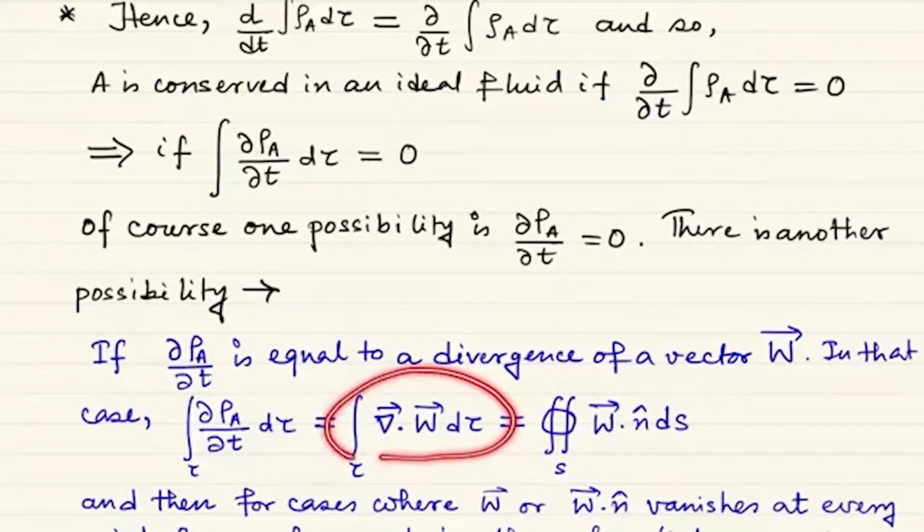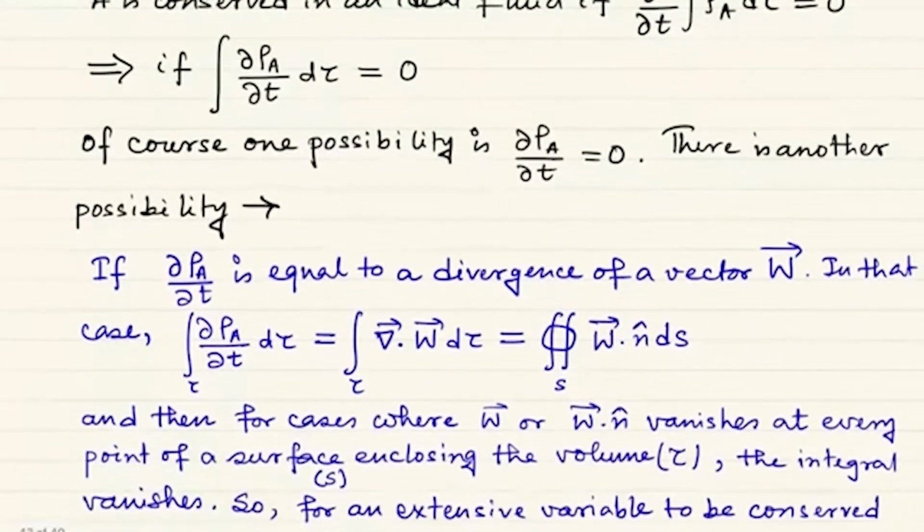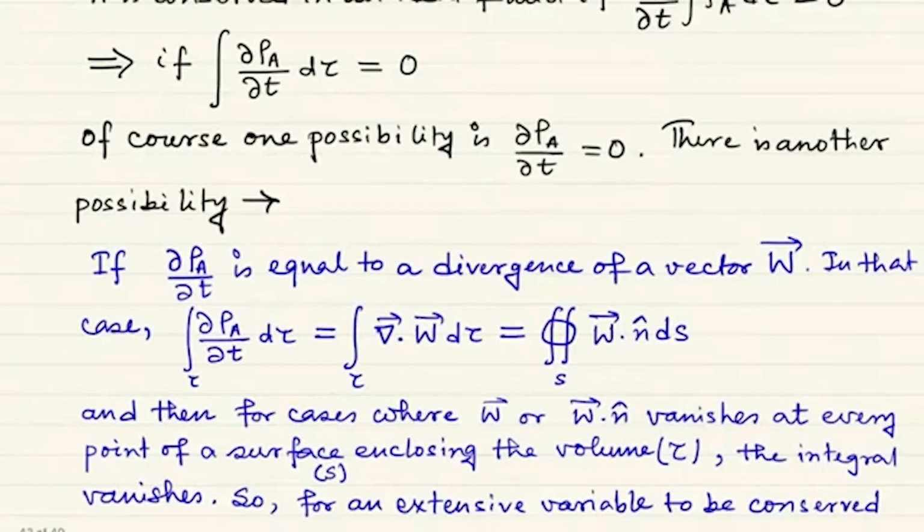And you can simply remember this type of term should appear in Gauss's divergence theorem, which should then be equal to the closed surface integral of w·n dS, where the integral is done on a closed surface which encloses the volume τ. Then you can see that we can always choose such a surface.